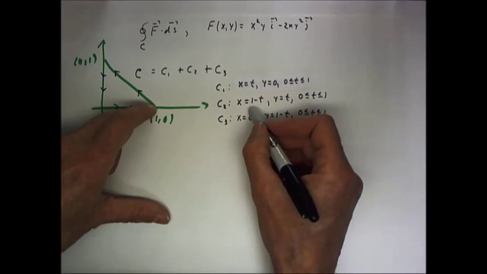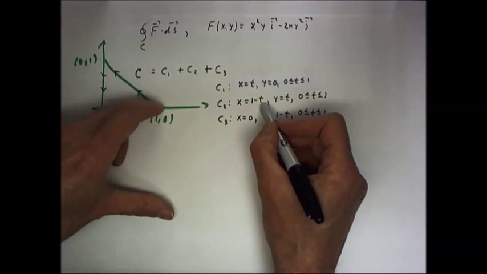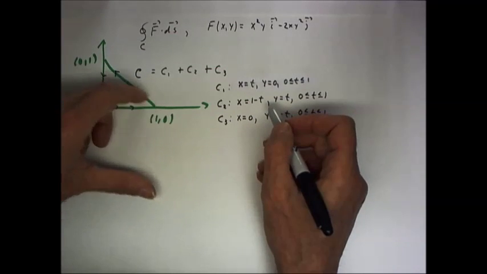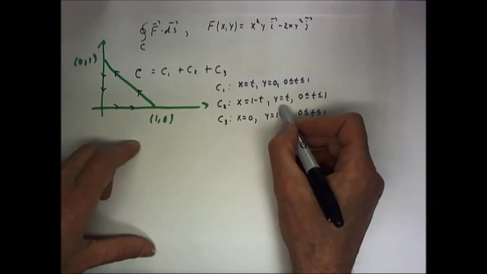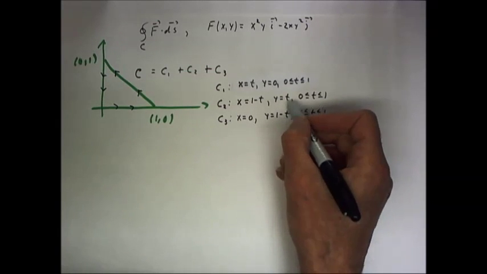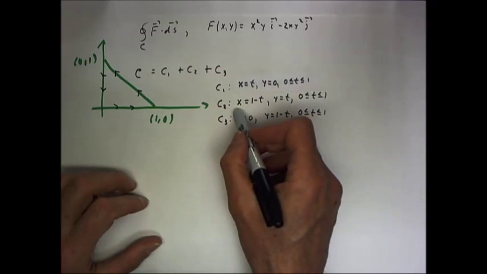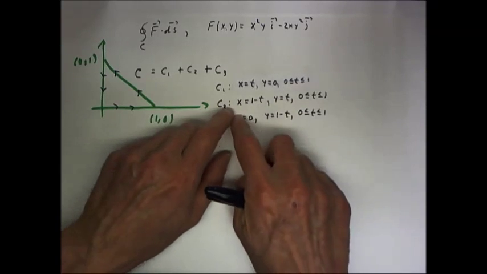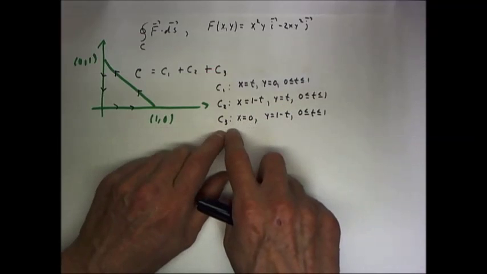And when t equals 1, 1 minus 1 gives us 0. So x will go from 1 to 0. Y, on the other hand, goes from 0 to 1, and it does so linearly. So we can parameterize C2 as we see here.